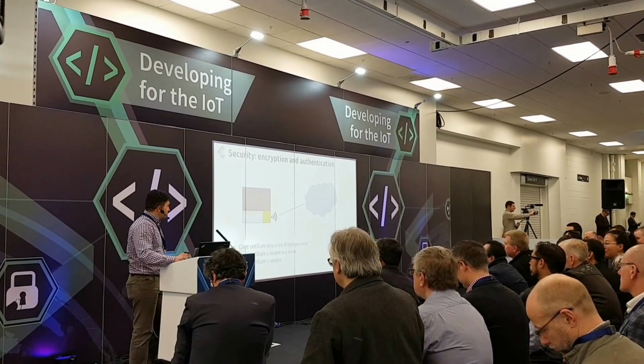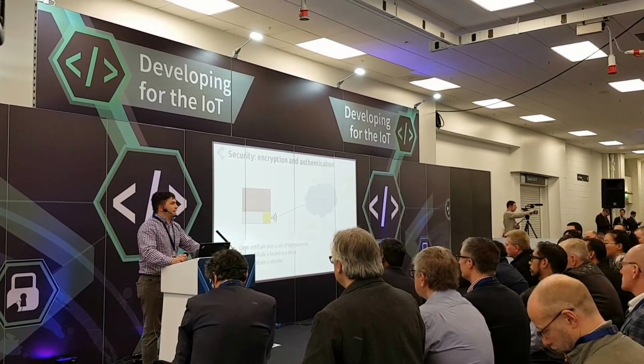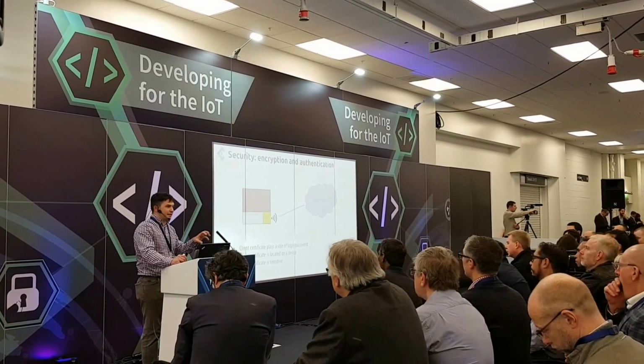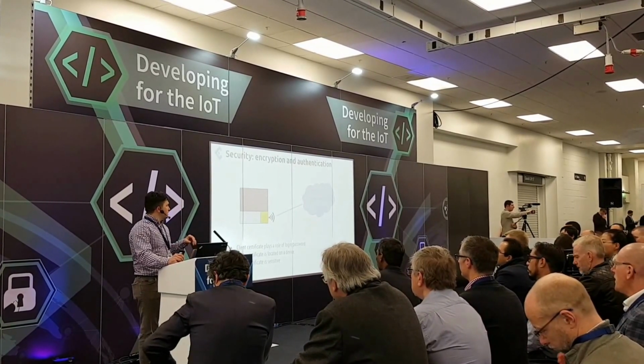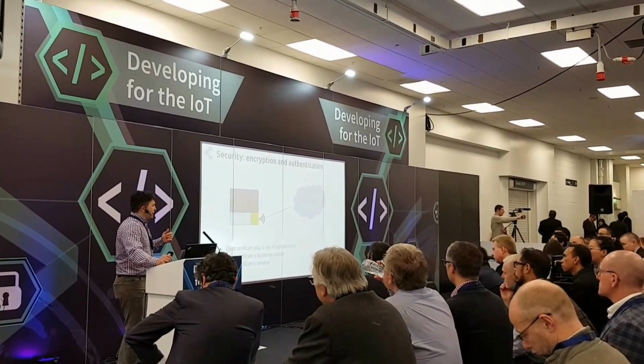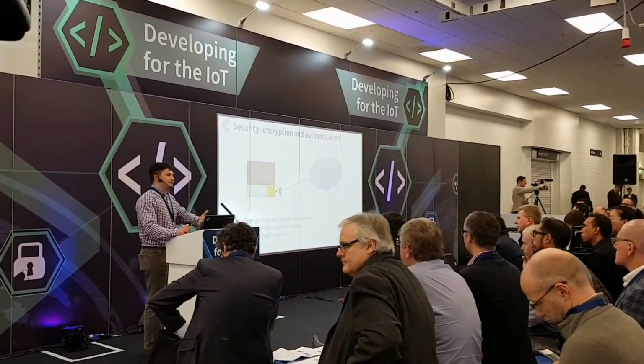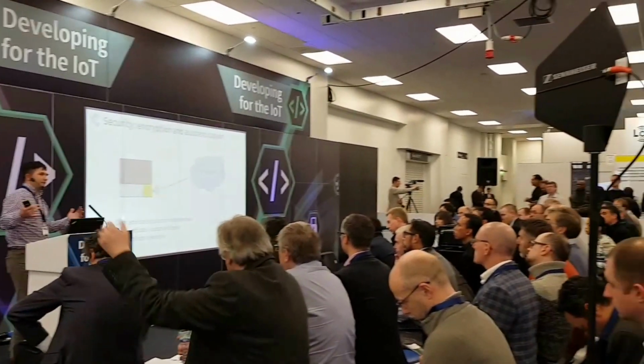So how does it work? Every browser that you install has a predefined set of so-called CA certificates. Every browser has them pre-installed. And these certificates are used to verify the identity of the TLS server.